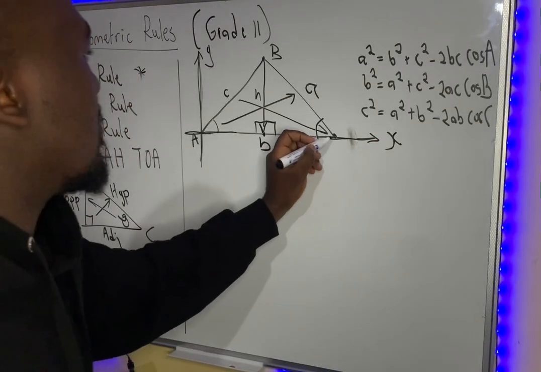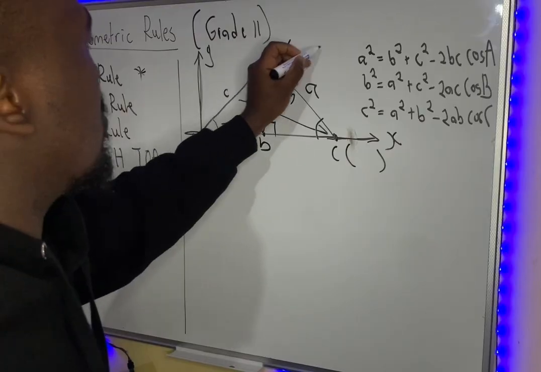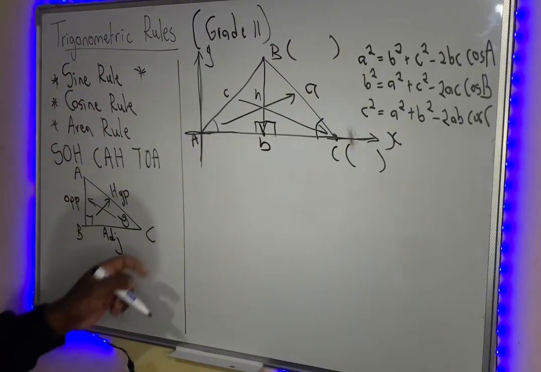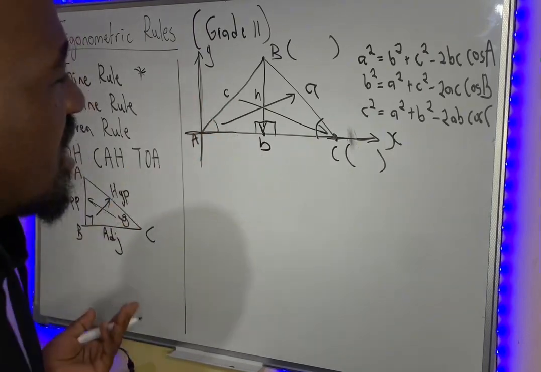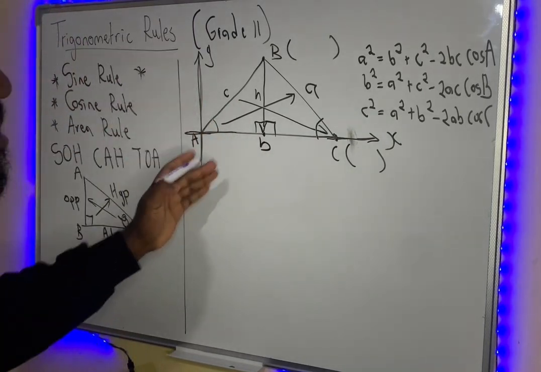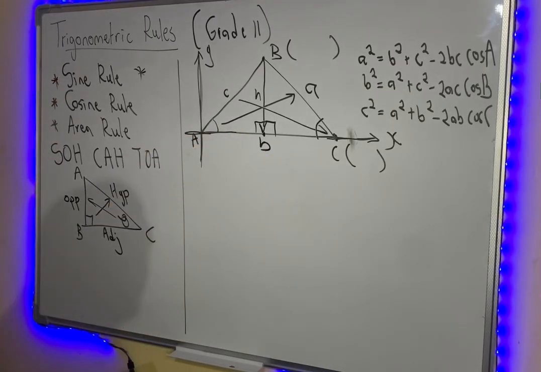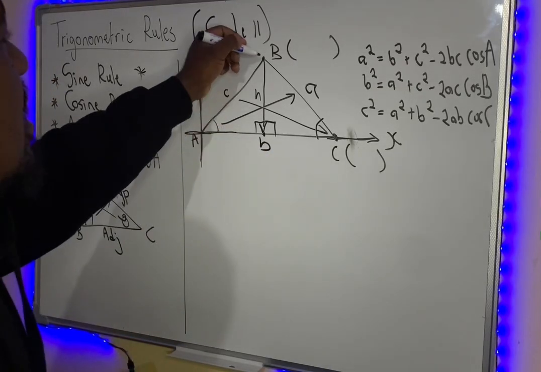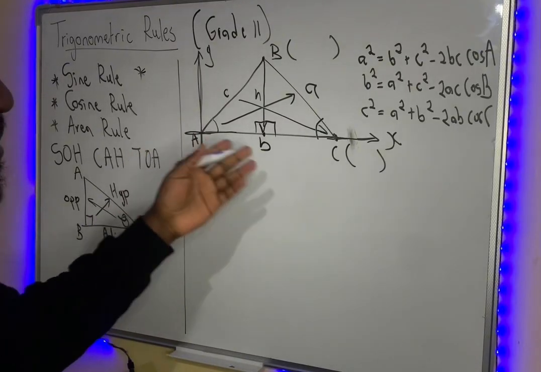Remember, this one here is C. We need to form coordinates on that one. Our A is on the origin here. So it's still the same triangle we used for the sine rule, but we are adding this Cartesian plane whereby A and C are along the x-axis, and there is a line drawn from B which is perpendicular to the x-axis.